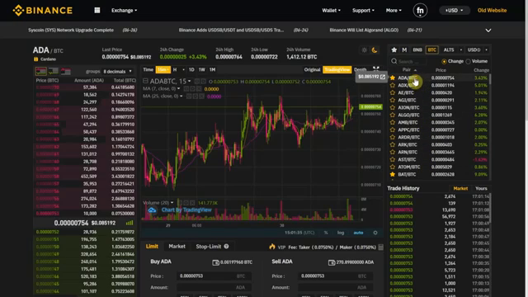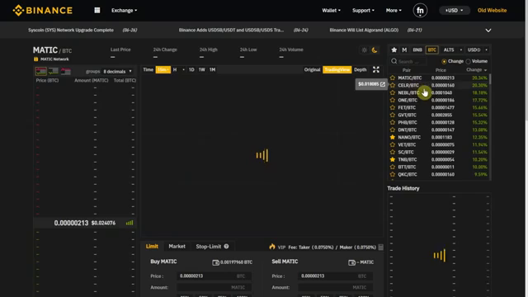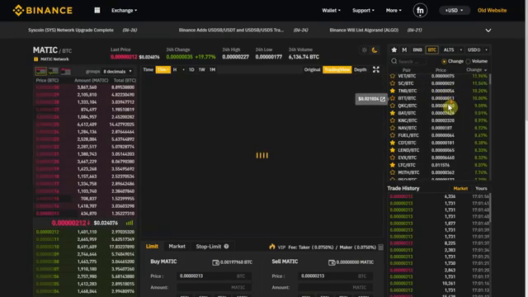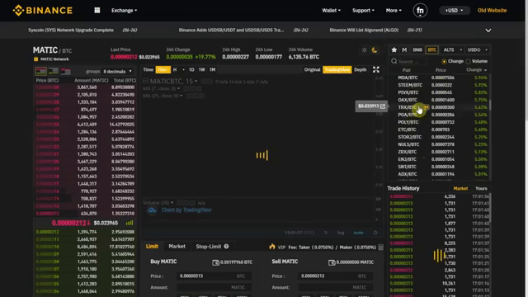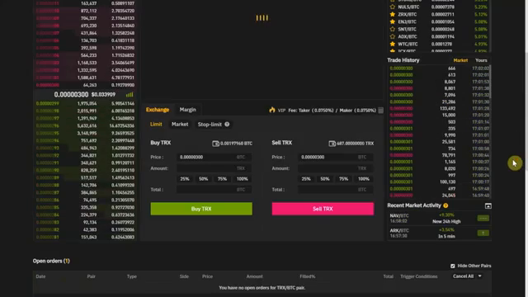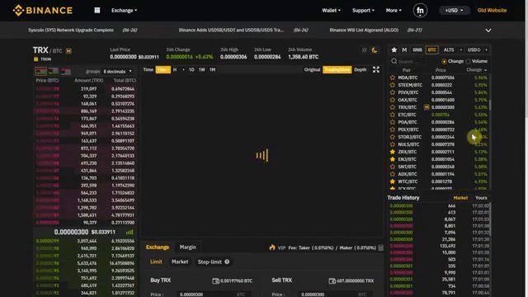So right now we're looking at Cardano here. You can sort based on volume or percentage. You can sort over here. Matic, I don't know what this one is. Anyways, this is where you can select the market that you want to buy. Let's select TRX.